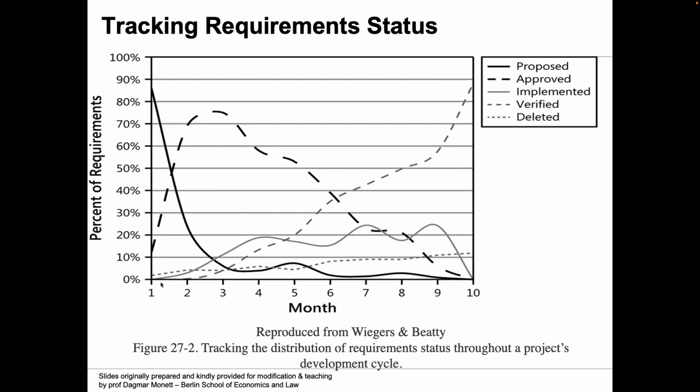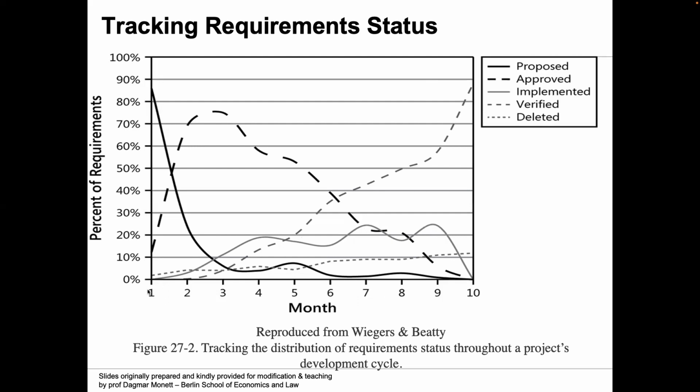The implementation, if you see, is quite curvy, and you can see the implementation at the end of the 10 months just touched the 20% mark, and just over the 20% mark. And how many of the requirements got deleted?